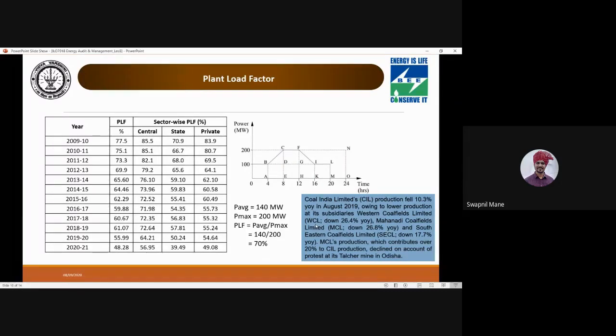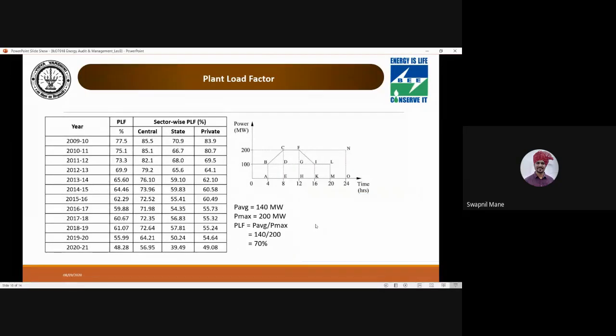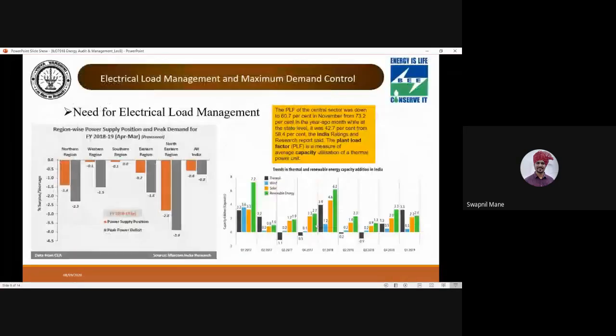That means we have capacity, but we are not able to generate. That is why this deficit, this shortage will come.